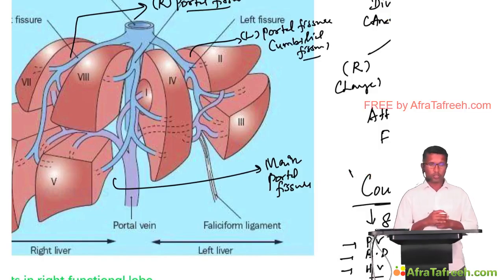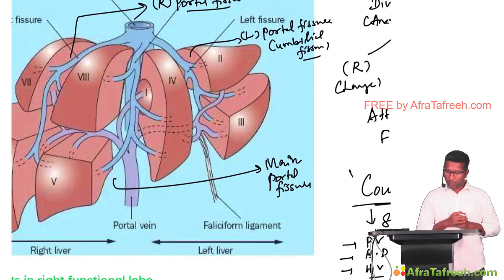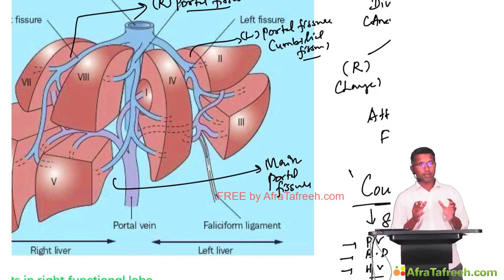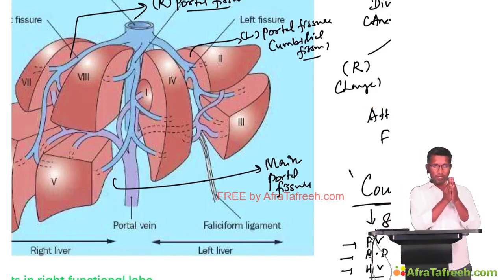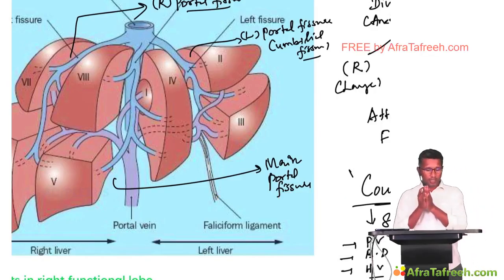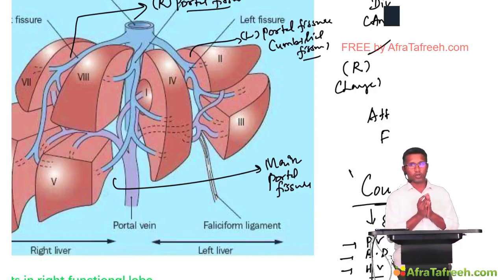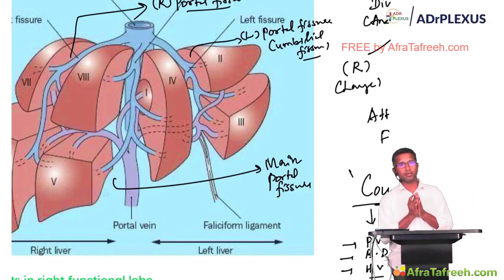Okay guys, now if you see, the liver has three main fissures: the main portal fissure, the right portal fissure, and the left portal fissure. The left portal fissure is also called the umbilical fissure.